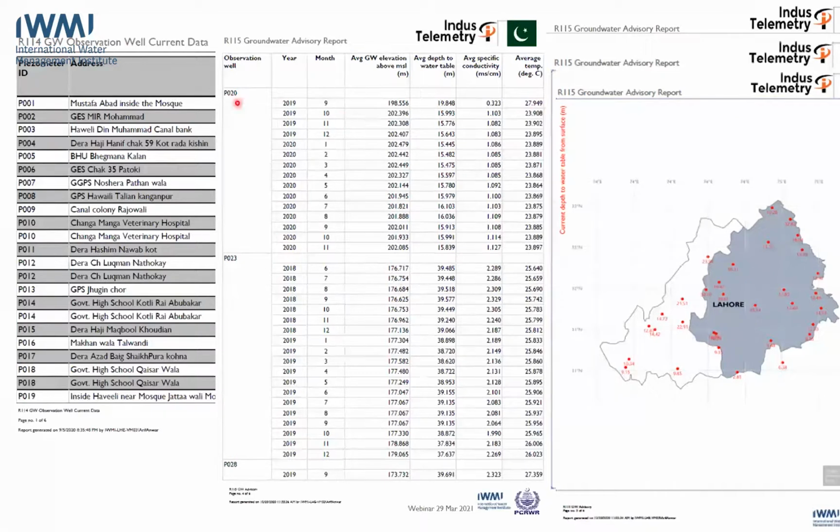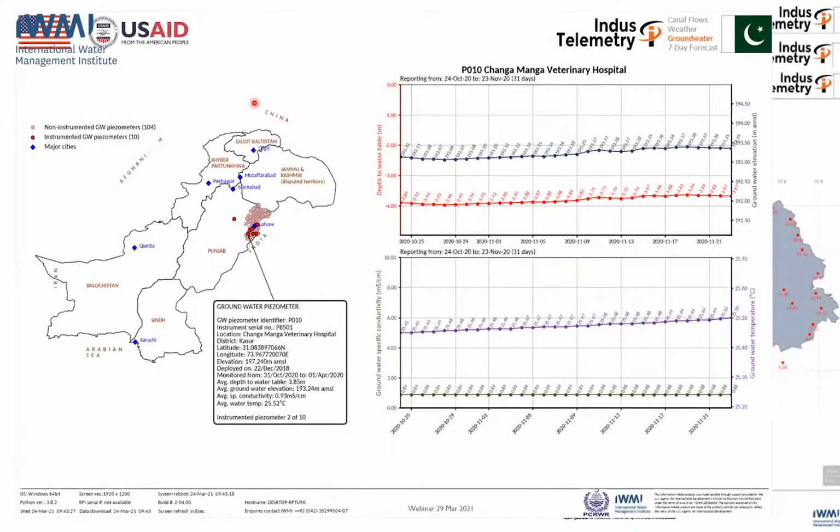Then we have the monthly advisories of each of these observation wells in the network. This is the screen which I showed in my earlier slide: in this map, this pointer will go one by one from one observation well to the other. In this box, you can see the summary statistics: where the well is located, what the coordinates are, and what the current data is.